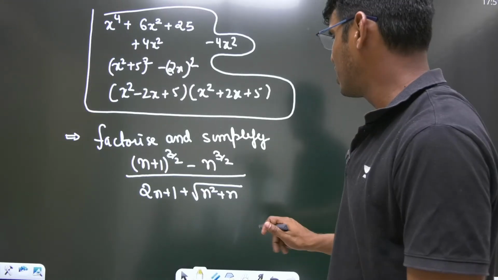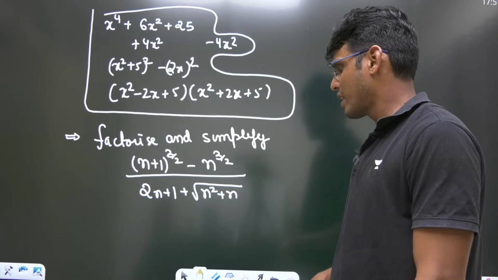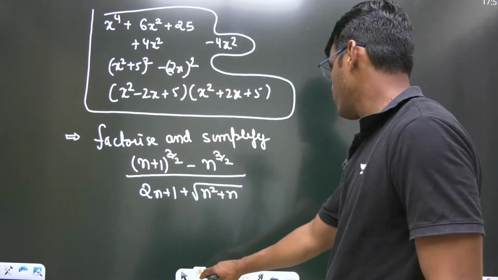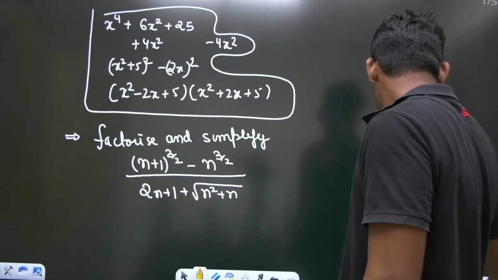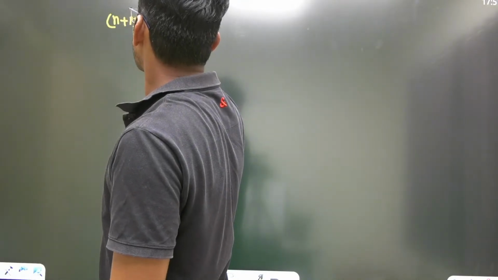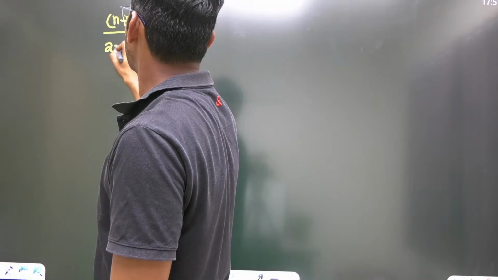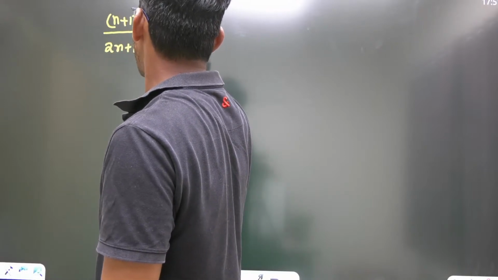Sir, first of all, we do not like these square roots. So first of all, we will start on a new page because it can be a bit long. This is what we have, okay?